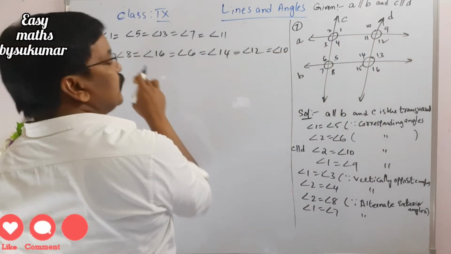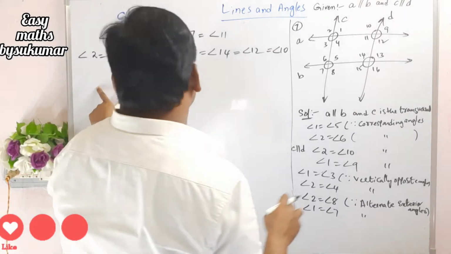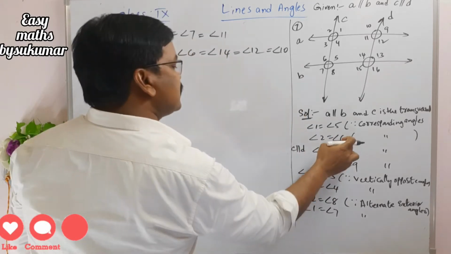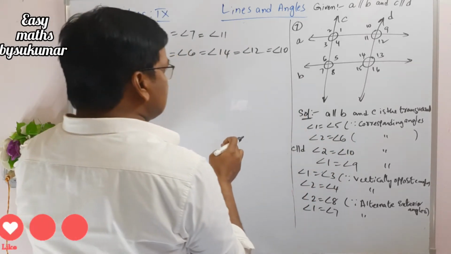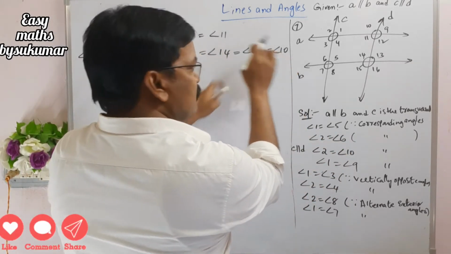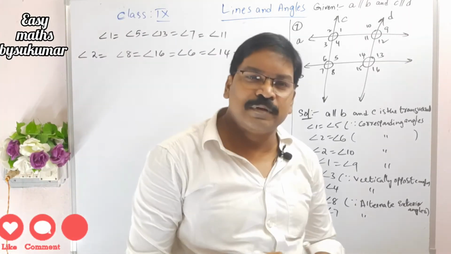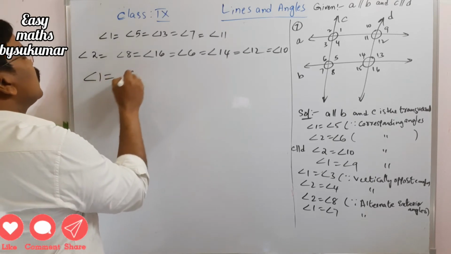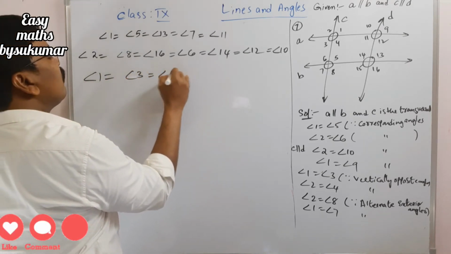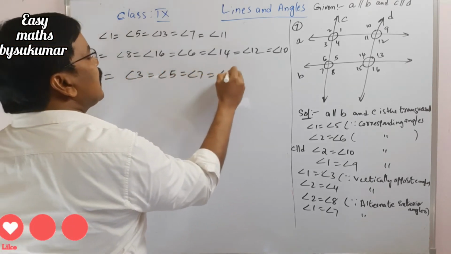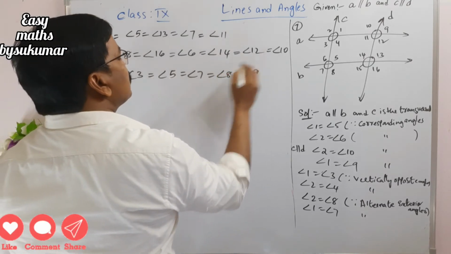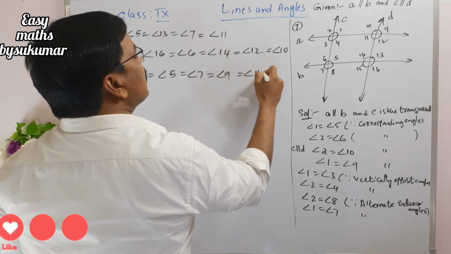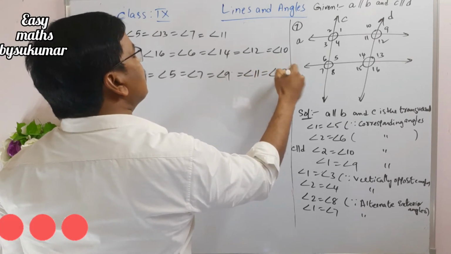Okay. So here 2 is equal to 4, 6, 8, 10, 12, 14. That means the odd number angle 1 is equal to angle 3, angle 5, angle 7, not 8, sorry, angle 9, angle 11, and angle 13.